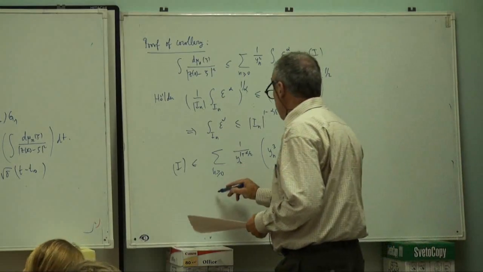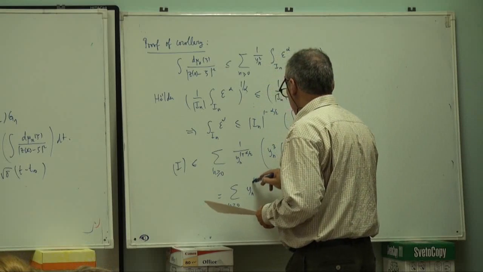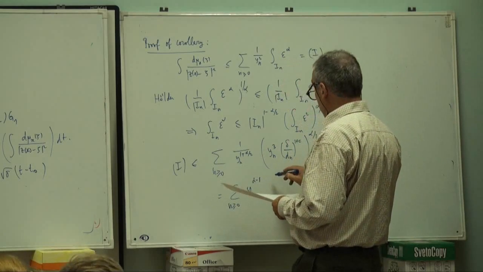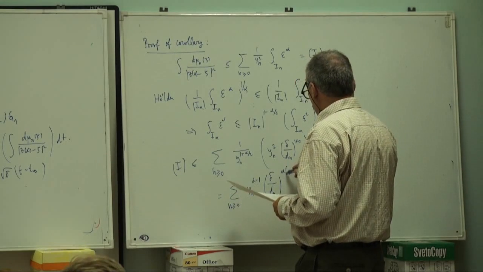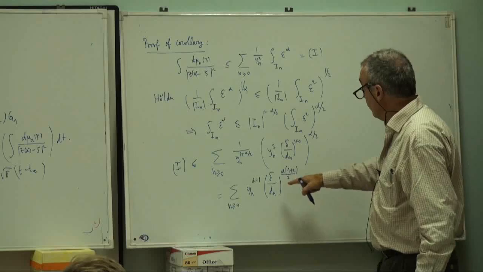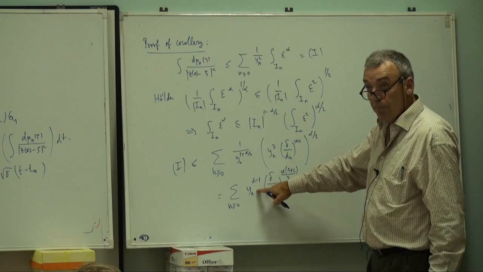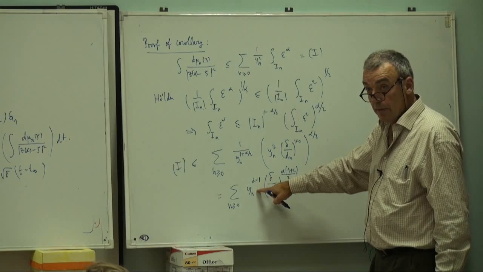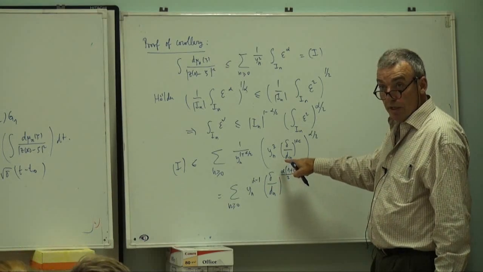Okay, and so this is the sum for n greater than 0 of yn to the power alpha minus 1, and then I have delta over dn to the power alpha times 1 plus c over 2. Okay, and now I want to take some of these here, with the same power as yn. So I want to take alpha minus 1 out of this.